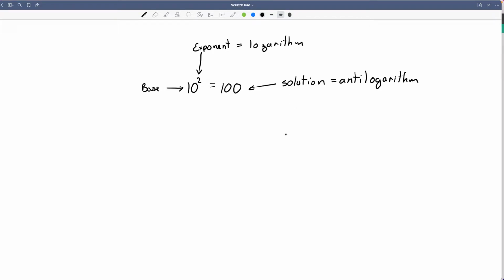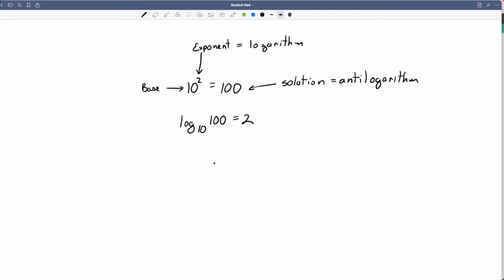The problem is that we write them and say them completely different from what we're already used to. So what we would write for this would be log base 10 of 100.